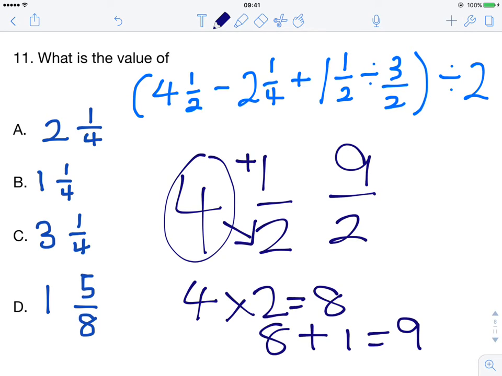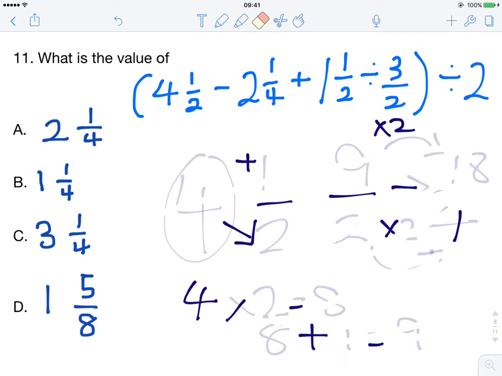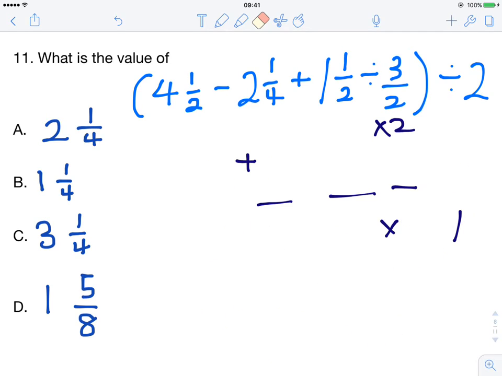But I want to make it so that they're all over 4. So we turn something over 2 into something over 4. We're timesing this 2 by 2, so we need to times 9 by 2 as well. 9 times 2 is 18, so we'd end up with 18/4.